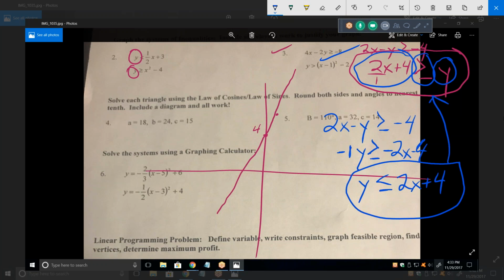The advantage of the blue method is it gets our y on the left side where we know how to interpret it perfectly. I know what that means. I'm not 1,000% sure what this means up here. Even though I am, it's just I'm not used to it, so it's easy to make a mistake. So I'll leave you both solutions and you can figure out which one to do.